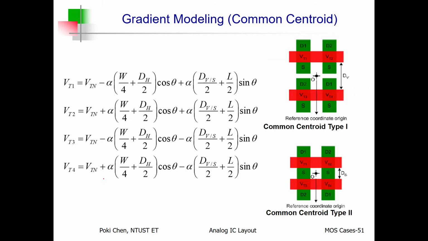And how about the two-dimensional common centroid type 1 and type 2? You can see they have exactly the same pattern as I mentioned moments ago. However, the only difference is type 2 has better compactness than type 1. It means all the spatial coefficients are smaller for type 2 than type 1.